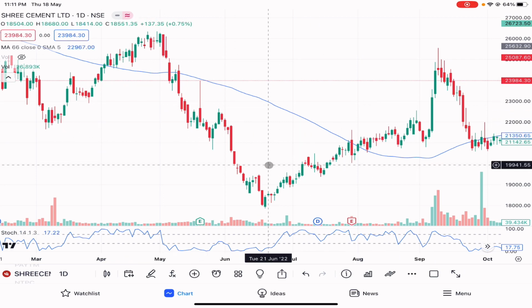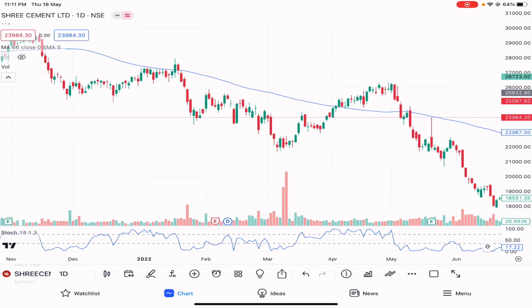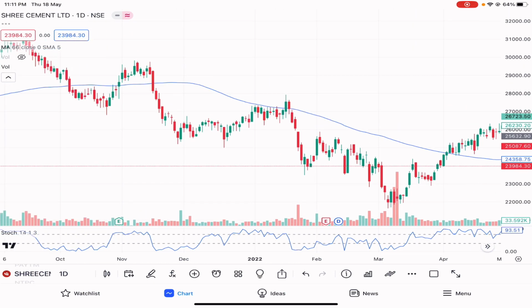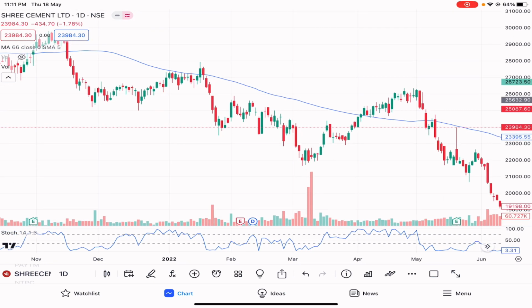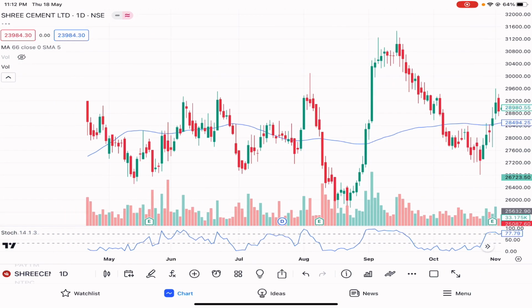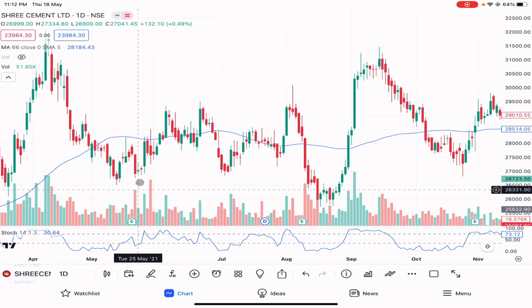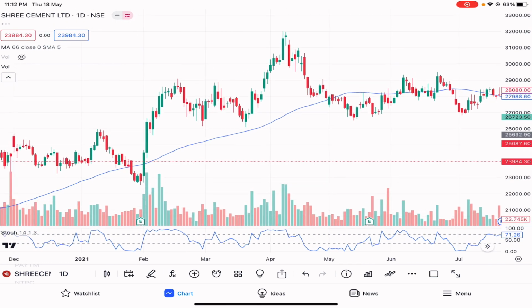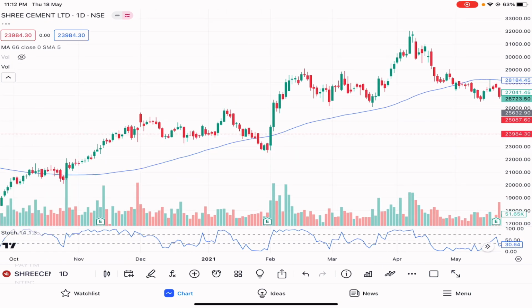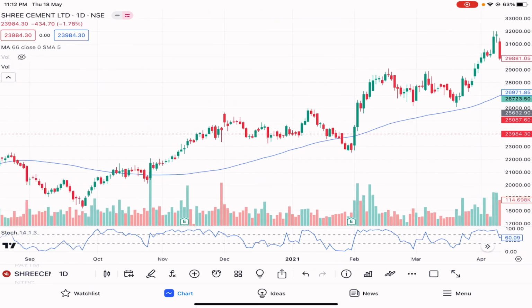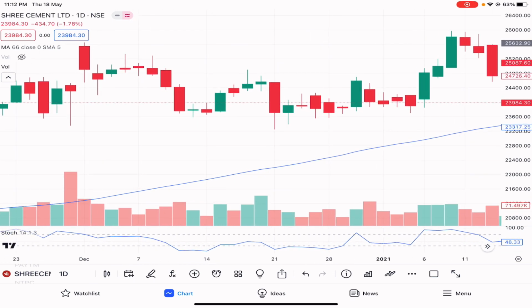Let me find an example of a false breakout. Alright, if you look at this zone over here, I'm referring to a period over here.